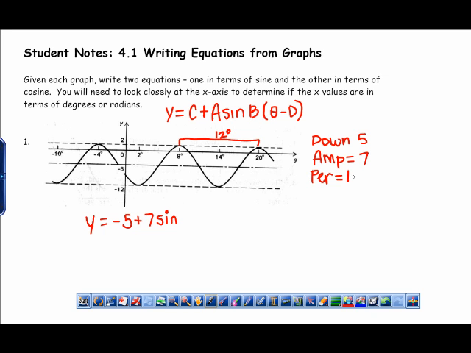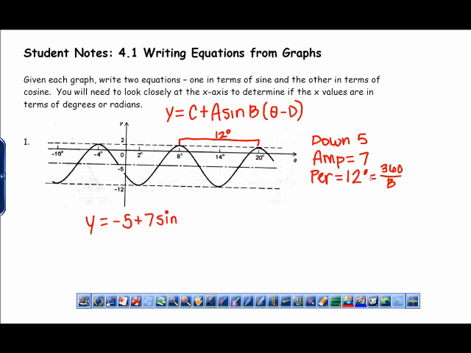So if our period is 12 degrees, remember that the way we found the period was we did either 2 pi, or in this case, since we're in degrees, 360 divided by b. If I did 360 divided by b and came up with 12, you are going to find b this way.